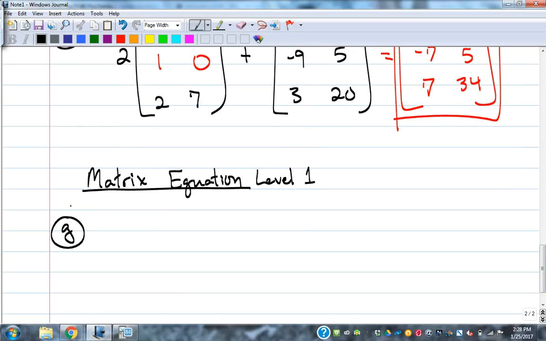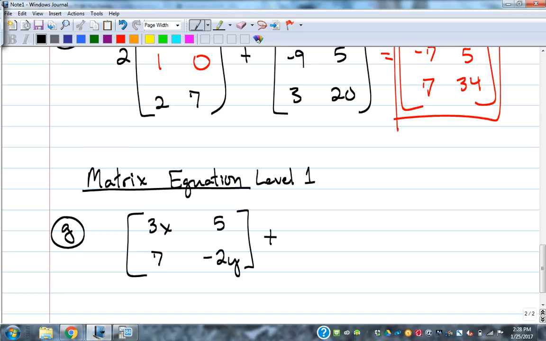So we're just going to get an example. And this is where we don't use the calculator a whole lot for this particular part. We're going to have a matrix equation. So we're going to have 3x, 5, and then here we have 7, negative 2y. So that's a 2 by 2 matrix. I'm going to add.